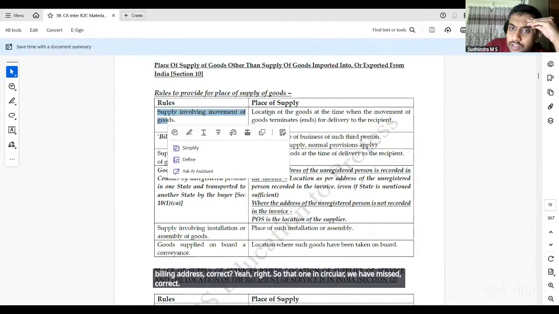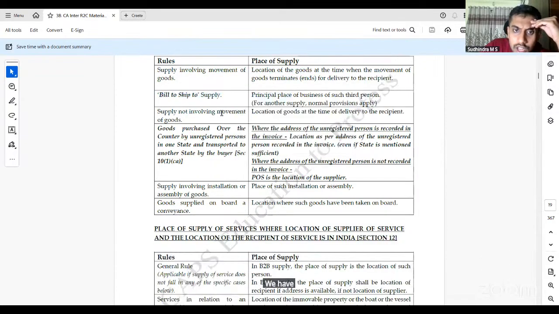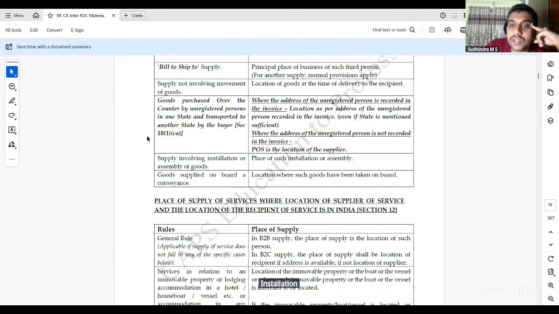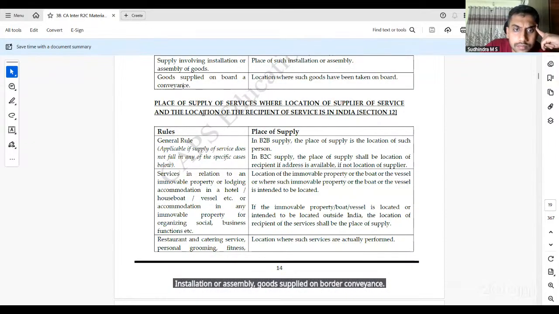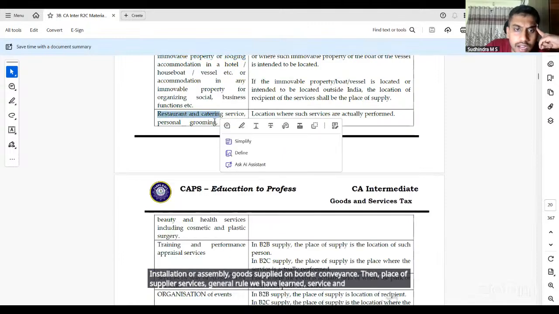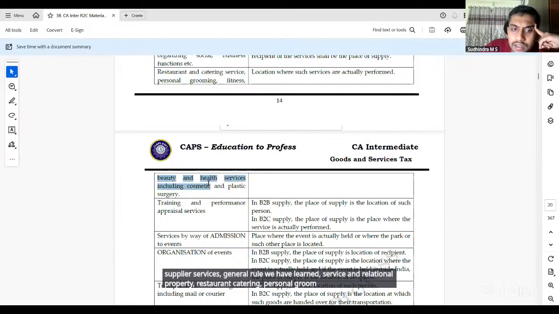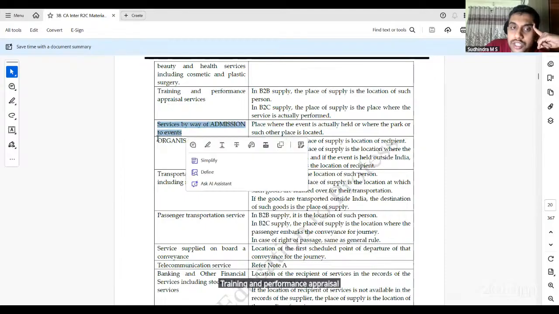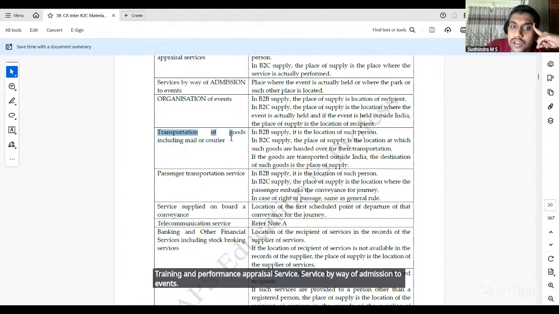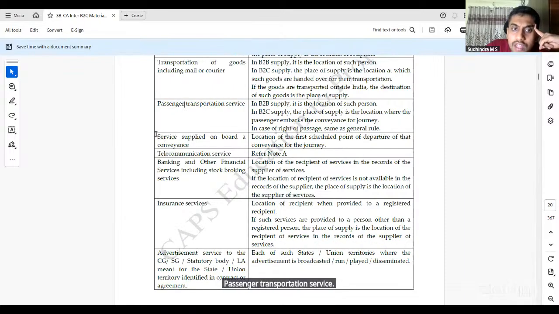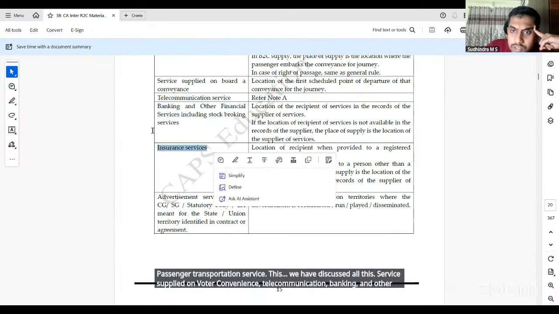Good. Supply involving movement of goods we have discussed. Bill to ship to we have discussed. Not involving movement of goods: over the counter, installation or assembly, goods supplied on board a conveyance. Then place of supply of services: general rule, service in relation to immovable property, restaurant, catering, personal grooming, fitness, beauty and health service including cosmetic and plastic surgery, training and performance appraisal, admission to events, organization of events, transportation of goods including mail or courier, passenger transportation, service supplied on board a conveyance, telecommunication, banking and other financial service, insurance service.